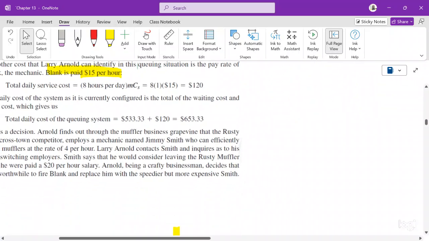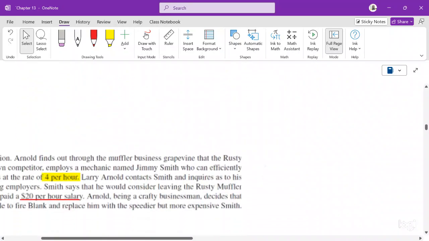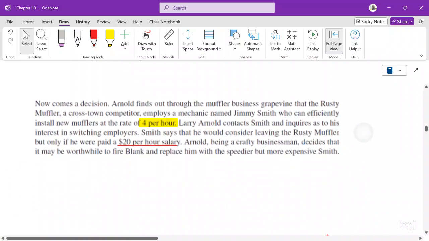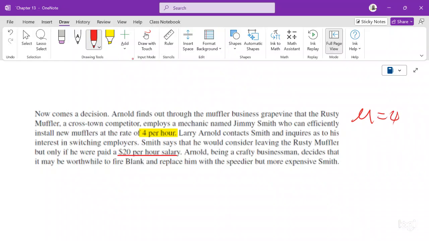Then we move right along to say, okay, this one is very interesting. So now comes a decision. Arnold finds out through the muffler business grapevine that the Rusty Muffler, a crosstown competitor, employs a mechanic named Jimmy Smith who can efficiently install new mufflers at the rate of 4, meaning that it's no longer at the rate of 3, it's now at the rate of 4.